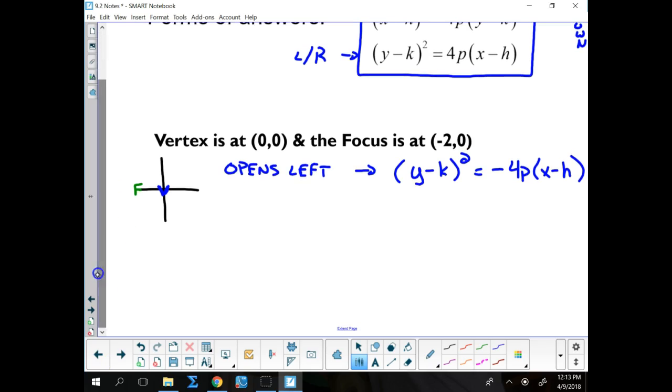So 0, 0 here. This is h. This is k. So I can already go to 0 there and 0 there.